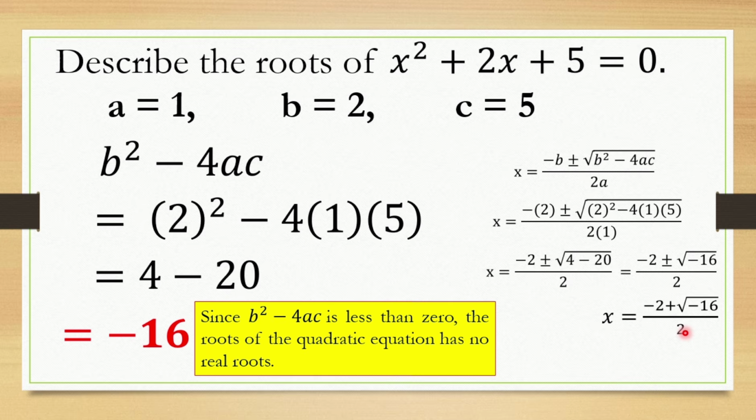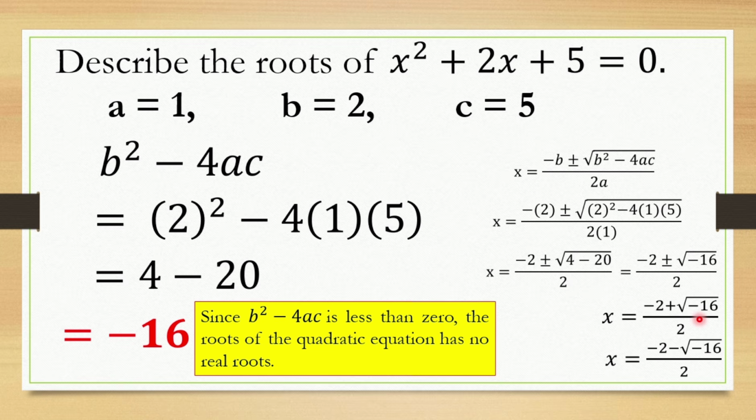Now, we all know that we cannot have a negative product kapag nagmumultiply tayo ng numbers by itself, it's always positive. Okay? Always remember that. So, kapag nagmumultiply tayo ng halimbawa, negative 2 times negative 2, it's positive. 2 times 2, it's positive.